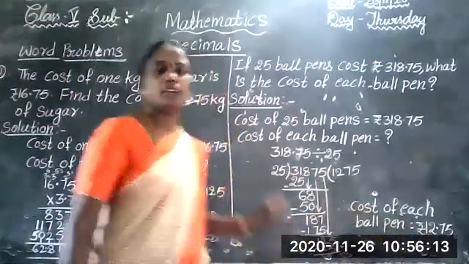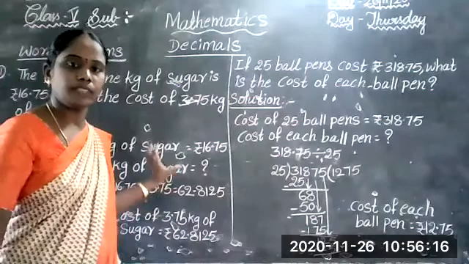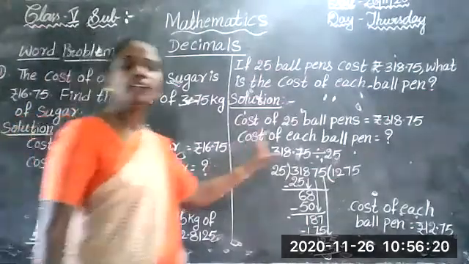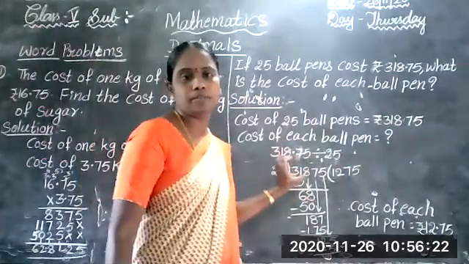Okay. This is a word problem of decimal multiplication and decimal division.